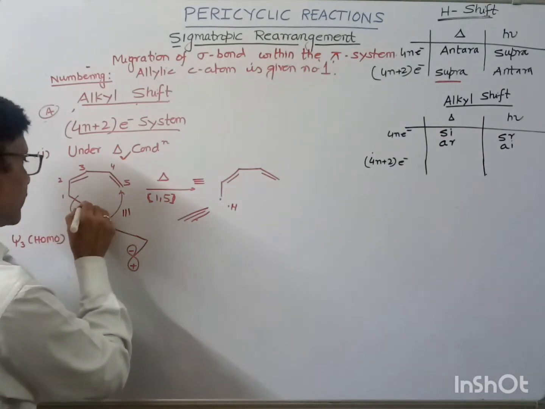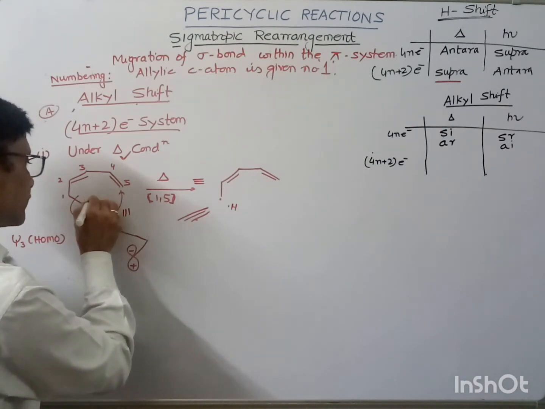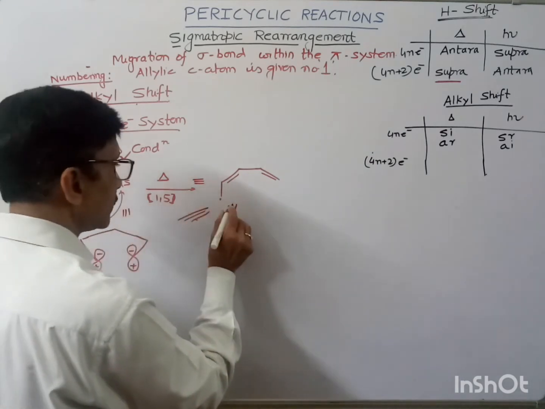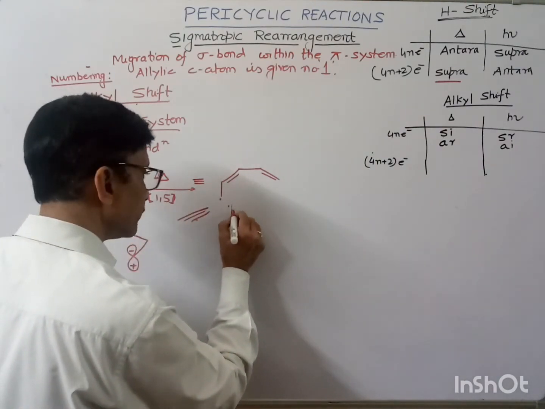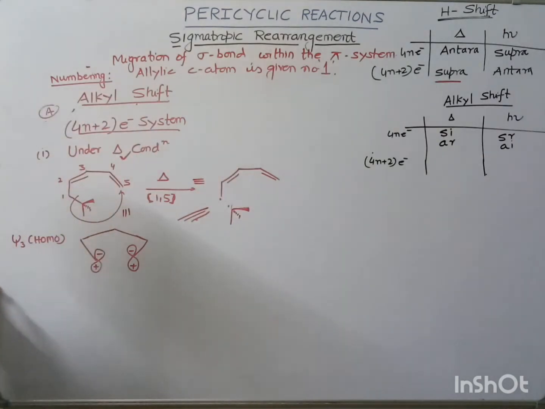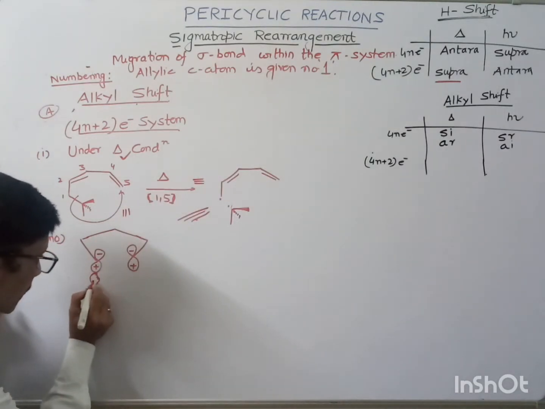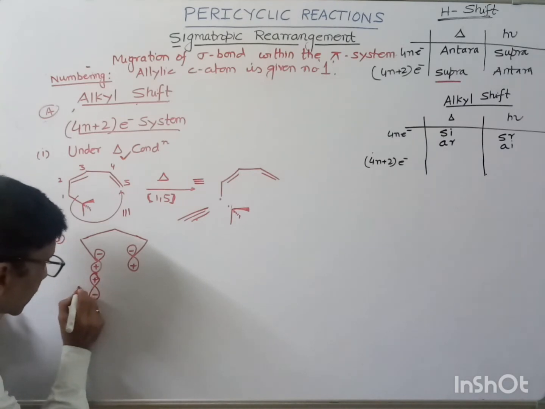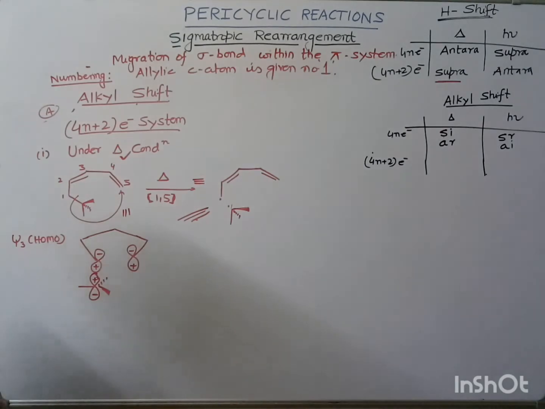And here we should have the alkyl radical. We have an alkyl group attached, and in the same way here also an alkyl group is attached, like this. This will migrate to the 5th position. Now the alkyl group, minus, this way.